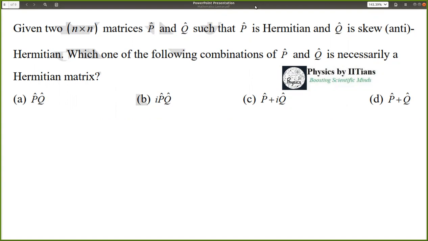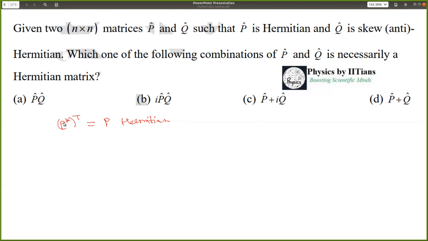First of all, let me tell you the properties of a Hermitian matrix. Suppose this matrix P is Hermitian. If you take the complex conjugate transpose of the matrix and it comes out to be equal to P, then it is called a Hermitian matrix. It is similar to a symmetric matrix, but in the symmetric case, we didn't take the complex conjugate, we just took the transpose.